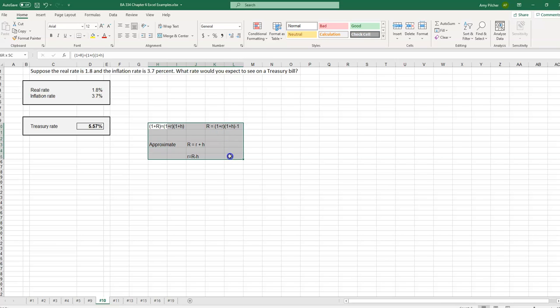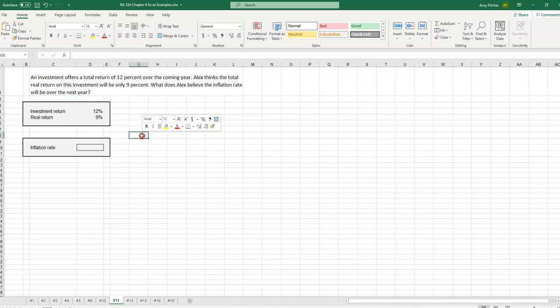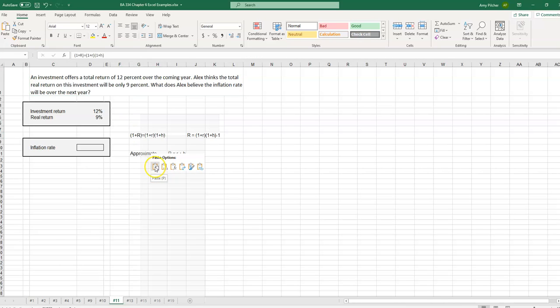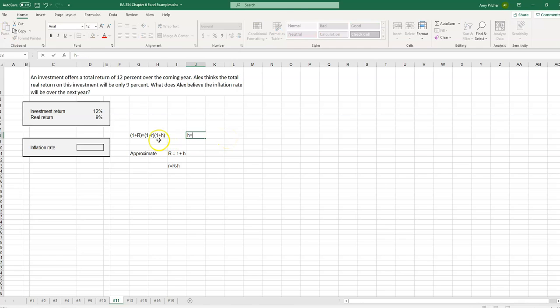And let's copy that again into the next one. Now we are solving for the inflation rate, or h. So we need to take each side divided by 1 plus r to isolate h by itself. Then we get 1 plus the nominal rate divided by 1 plus the real rate, minus 1.